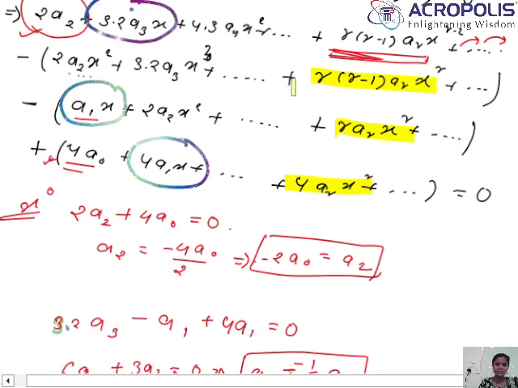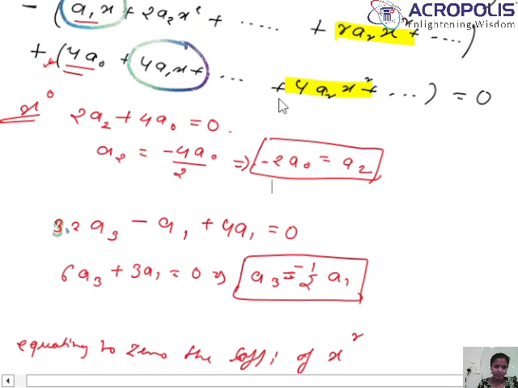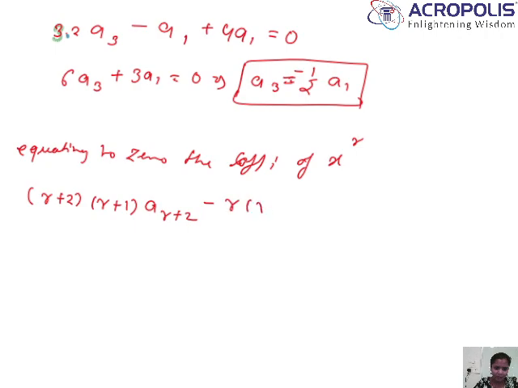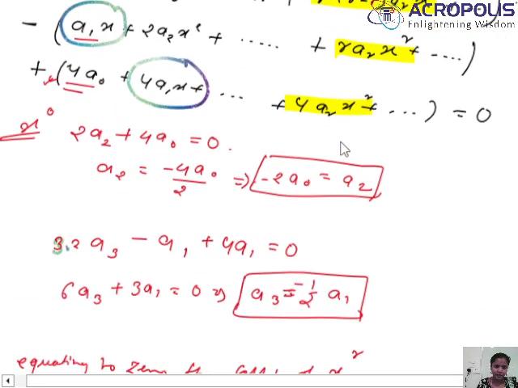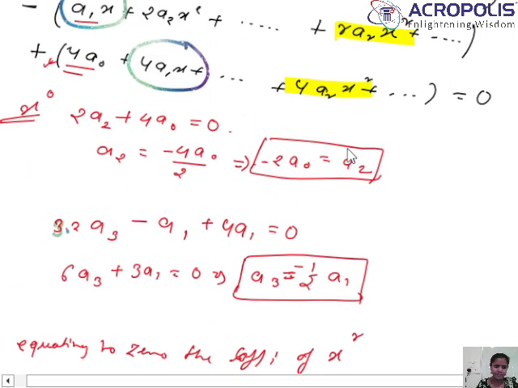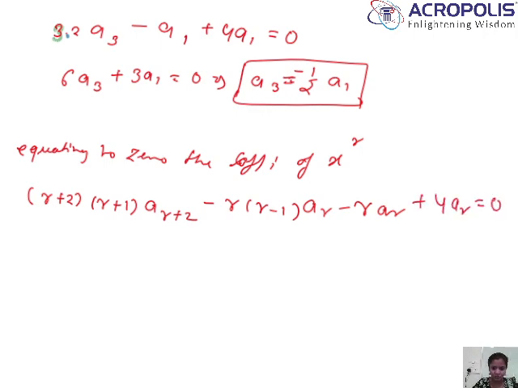Now we will write these terms. This minus r into r minus 1 ar x to the power r, this means ar, and the next term is minus r into ar, and the next term is plus 4 ar equal to 0.